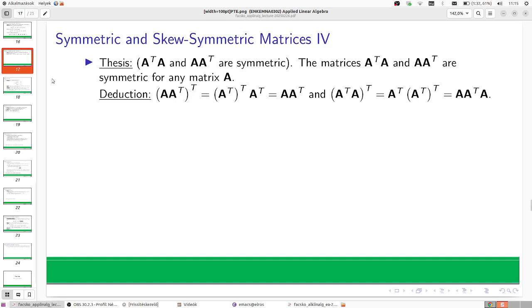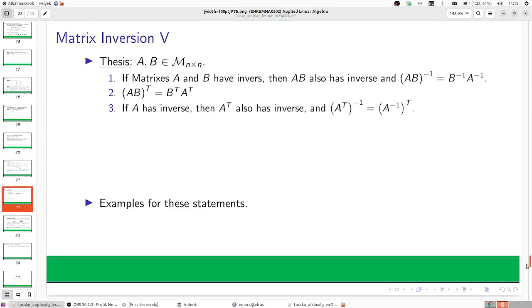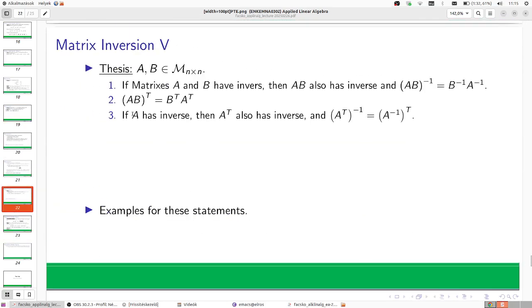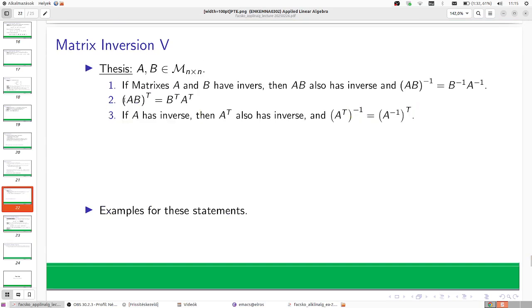To understand this, you should remember the rule after the inversion. If you have a product and you do the transpose of the product, then that is the transpose of the second element multiplied with the transpose of the first element.